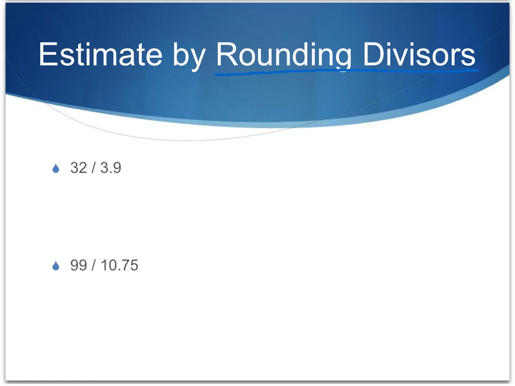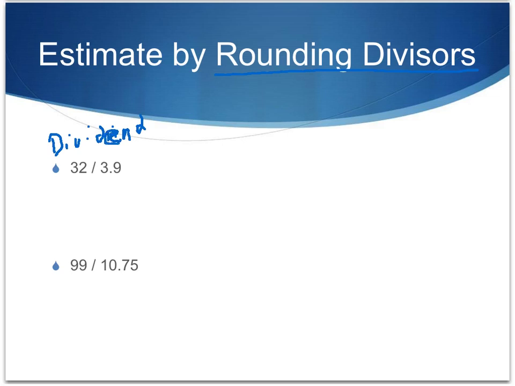Okay, so we should probably review and talk about what is a divisor, what is a quotient, and what is a dividend. So taking a look at these numbers, I can talk about a division problem. In a division problem like this, the first number that we see is called the dividend, and that's what we rounded in the first 3 examples.